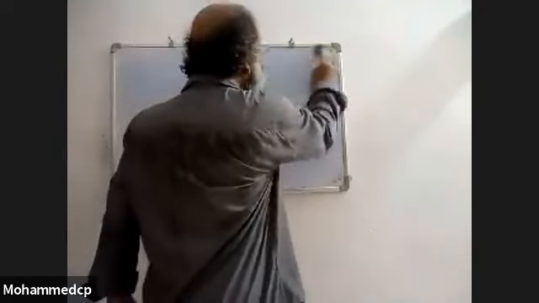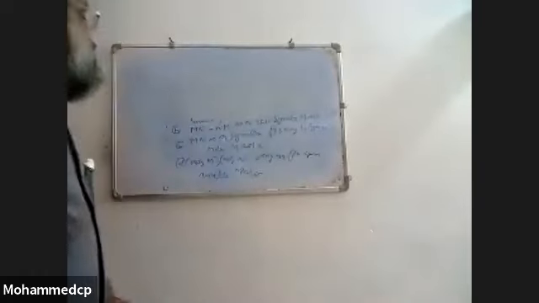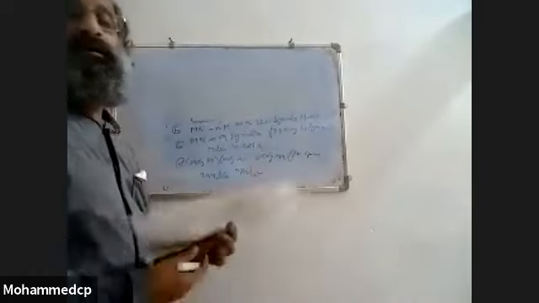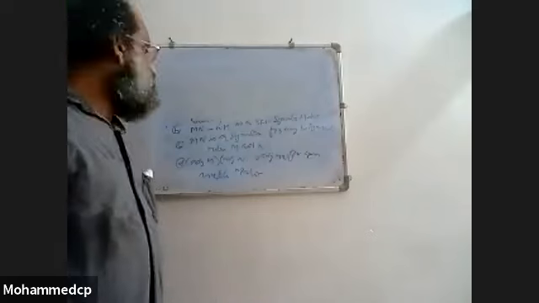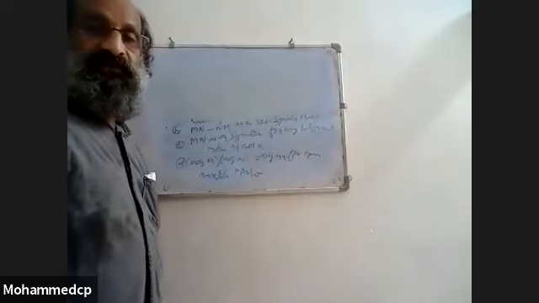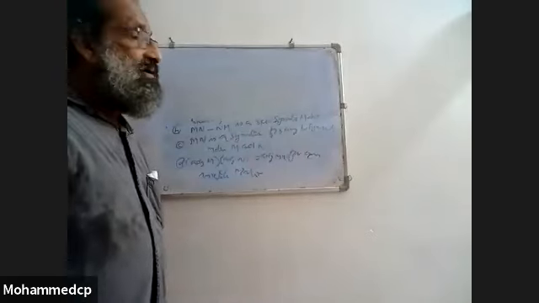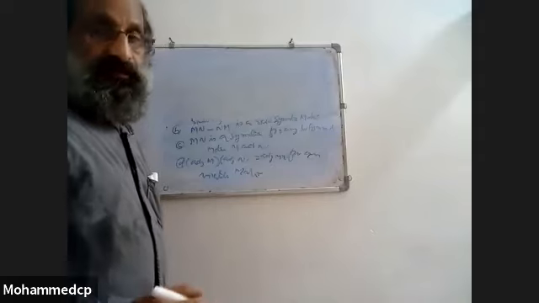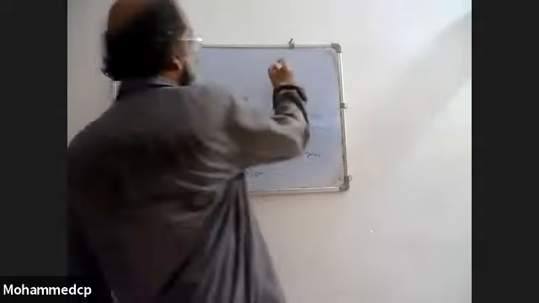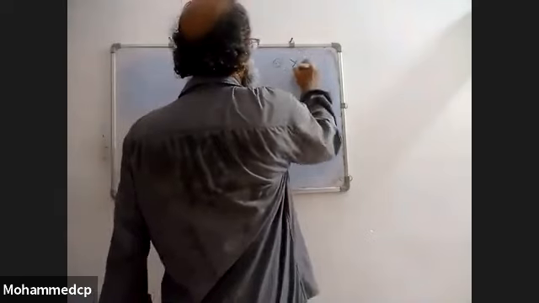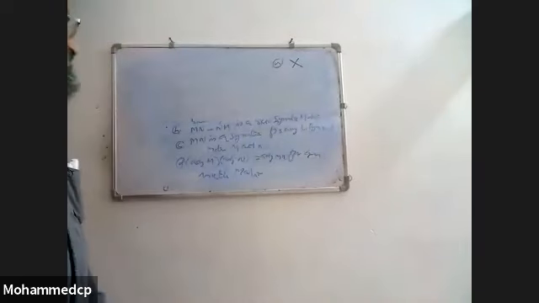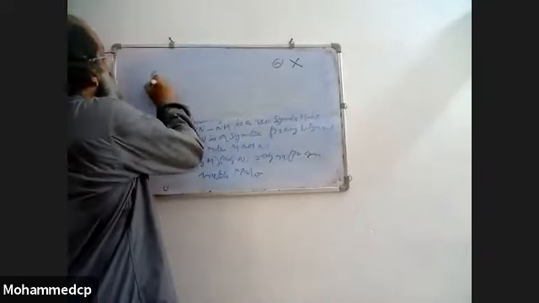Therefore, N transpose Mn is symmetric or skew symmetric according as M is symmetric or skew symmetric. Therefore, option A is a correct statement, but we are asked to find the wrong statement. Therefore, A is not the correct option. And we take B.